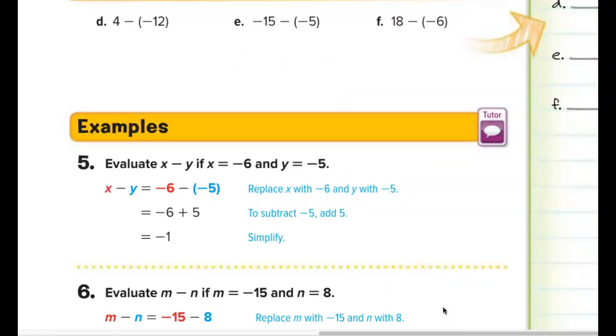Riley: 4 plus negative 12. The opposite of negative 12 is positive 12, so 4 plus 12, which gives you 16. Thumbs up if you got 16. Shelby, how do I rewrite E?